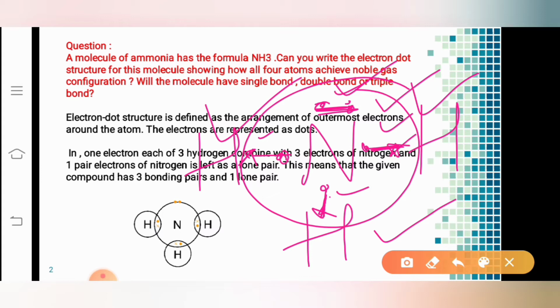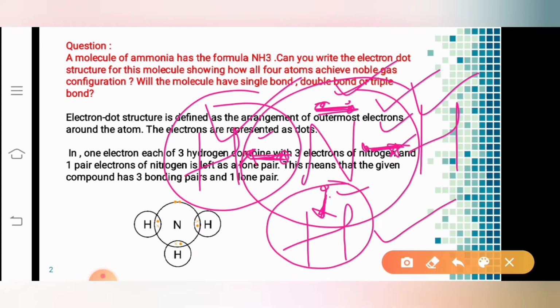Clear? Now look at the hydrogen. Hydrogen needs 2 electrons, right? As it already has 1 electron, it needs 1 more electron to satisfy its shell. So already it has shared the 1 electron from nitrogen. Thereby this hydrogen also attains the noble gas configuration. This hydrogen also, and here also.